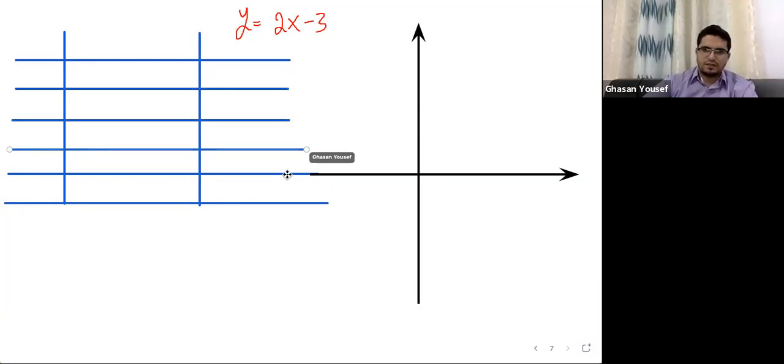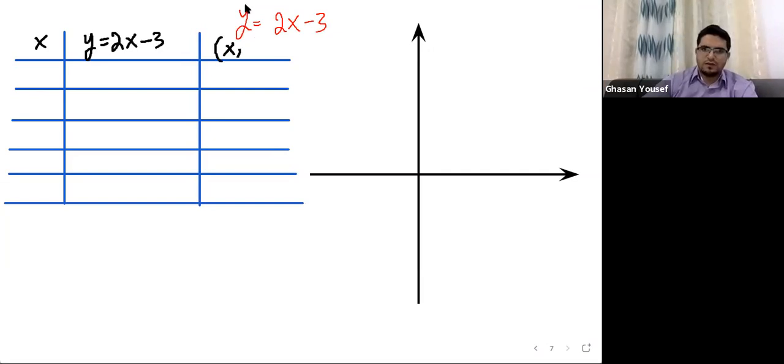So let's take some random points. Which point would you like to use for the x coordinate? So suppose this is my x, this is my y, and y equals 2x minus 3.